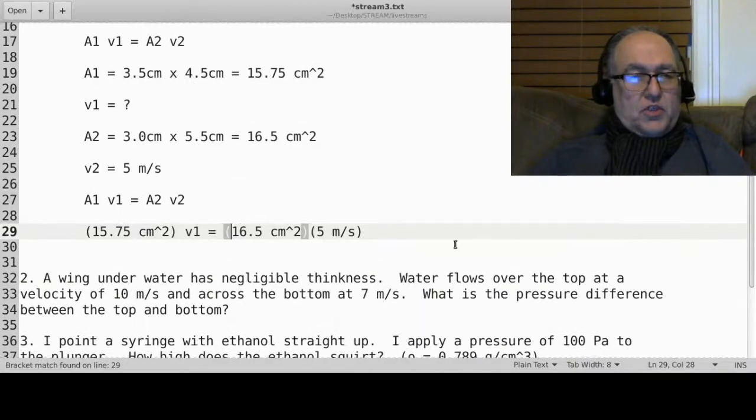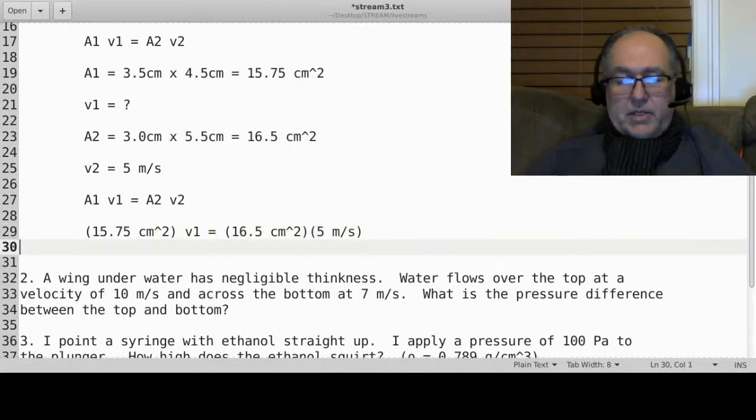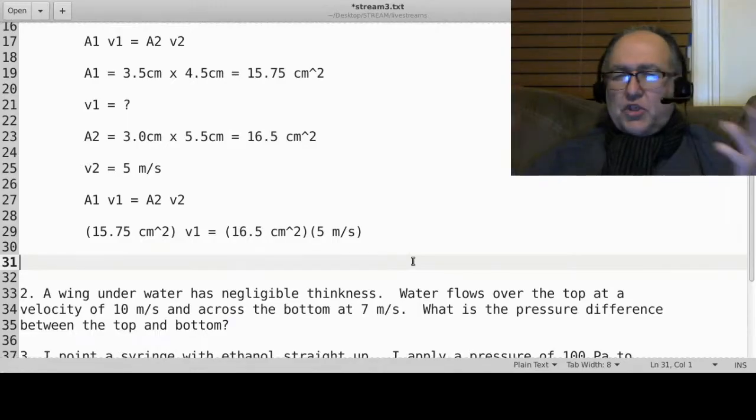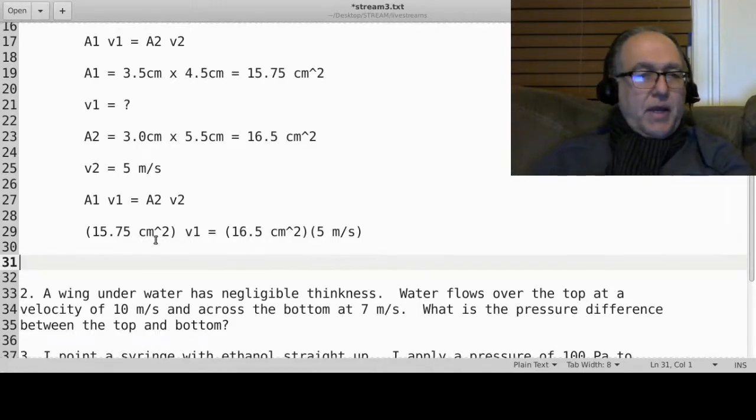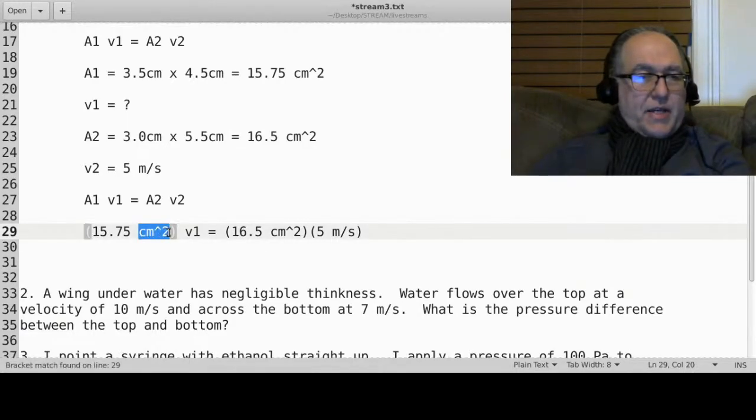I kept the units in there just to show you what's going to happen with the units. You might say, are you sure that the centimeters will cancel out? Yes, because on the left hand side you have centimeters squared, on the right hand side you have centimeters squared, so those will cancel out. And of course your answer is going to come out in meters per second.